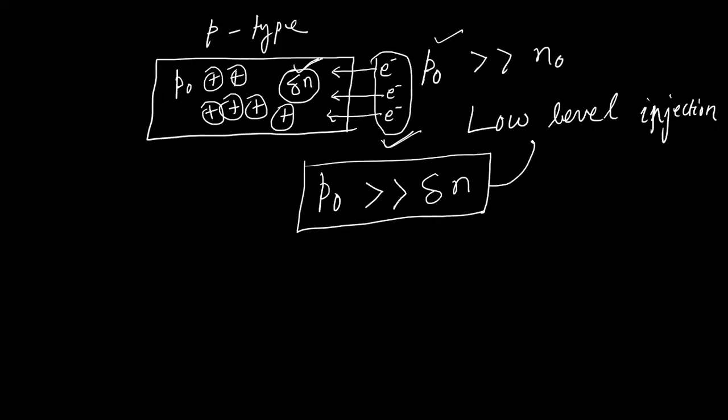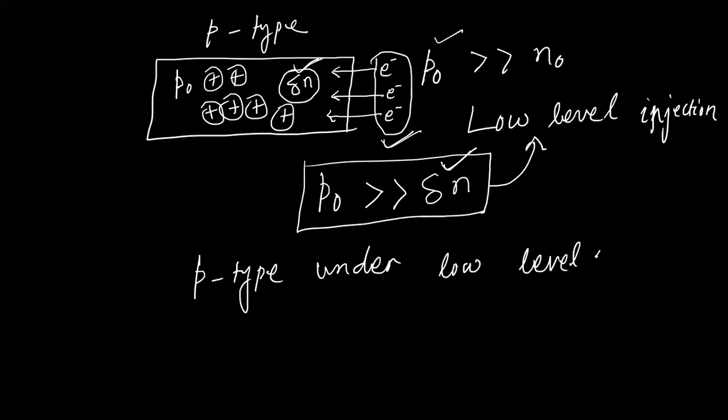High level injection is just the opposite, when the injected minority carriers are much larger than the original thermal equilibrium concentration. Here we are considering p type under low level injection.